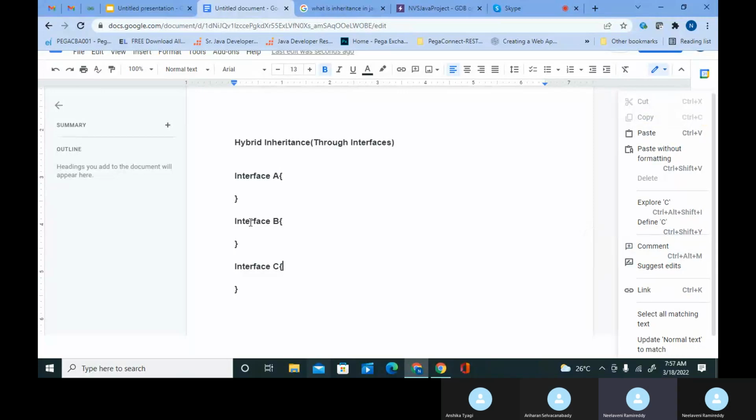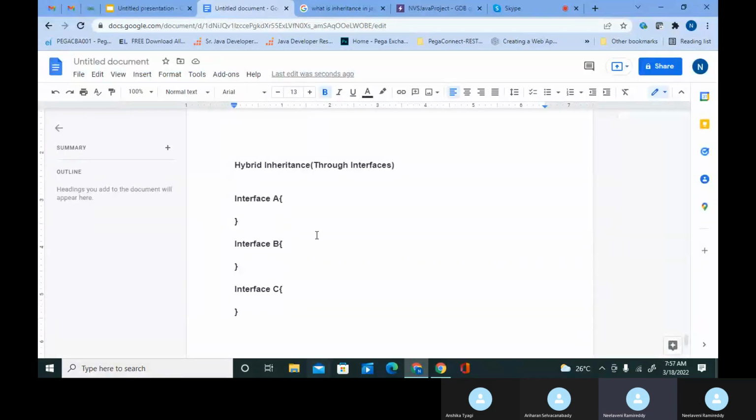So interface A and interface B and interface C are there. So we can extend or implement. I can extend A, right? And at the same time I can extend, sorry, extends.